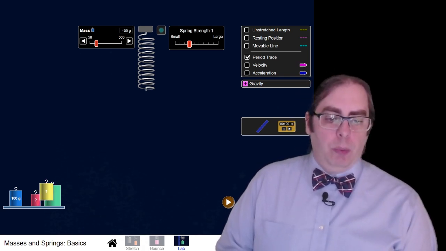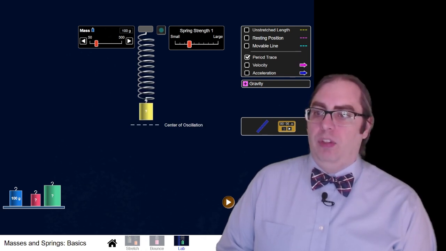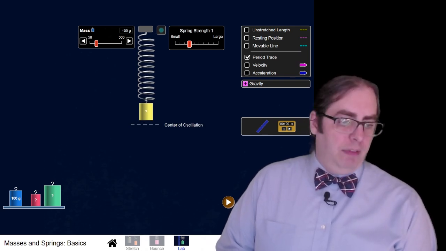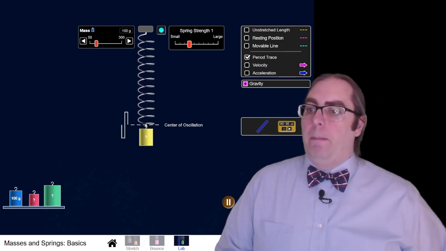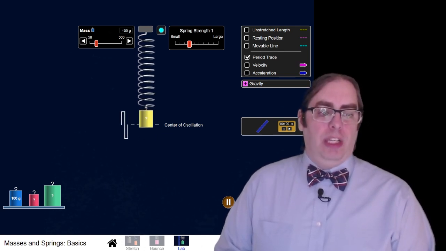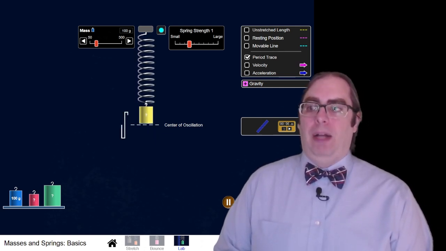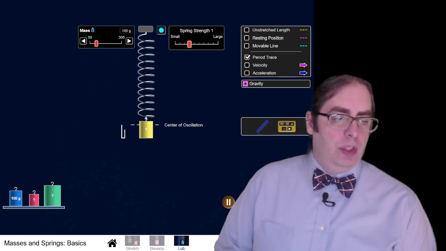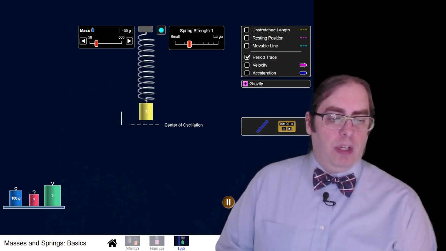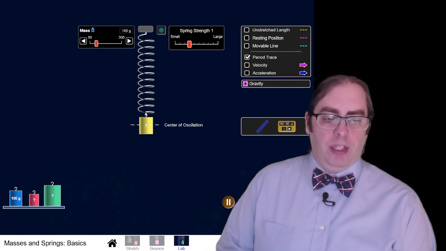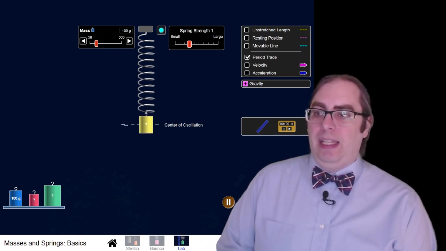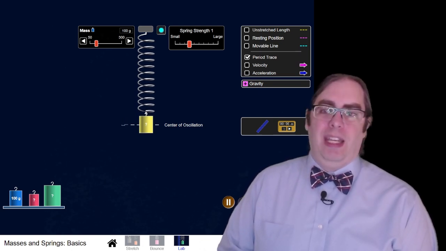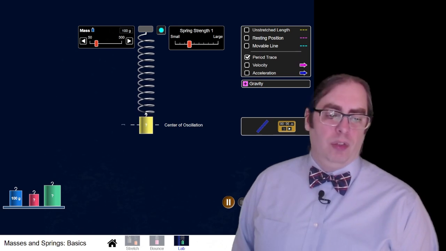And when we are working with a spring, we have this nice behavior where when you put a mass on a spring, it is going to bounce. Eventually, it will reach this center of oscillation, and if I grab this and try to settle it down a little bit, I can get it to more or less stay in one place without any issues.